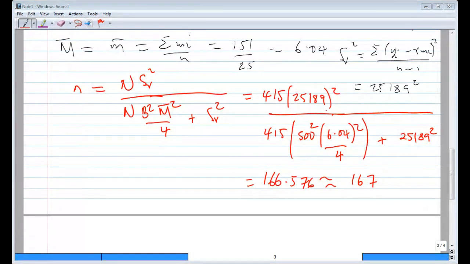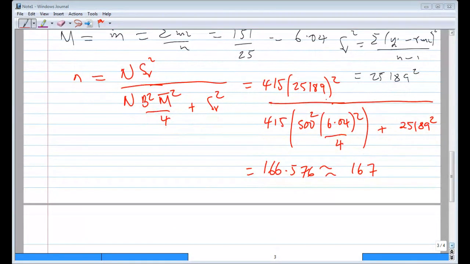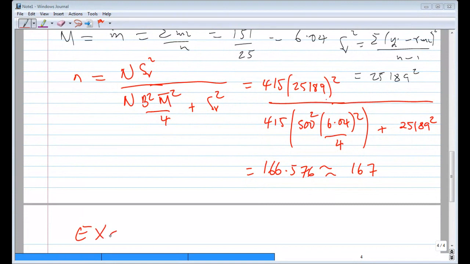So can we go to another example again, which is example 7.6. Example 7.6 on the same page. It's page 60.